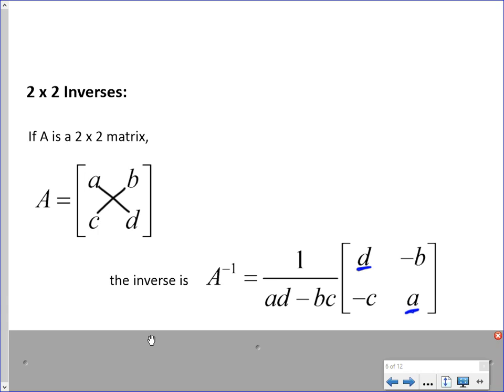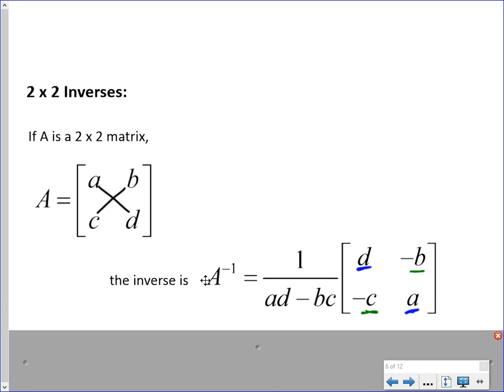On the other diagonal, B and C don't move, they stay where they are, but they become opposites. If those numbers are positive, make them negative. If they're negative, make them positive. If they're 0, leave them 0. You'll follow that pattern every time you need to make a 2x2 matrix.